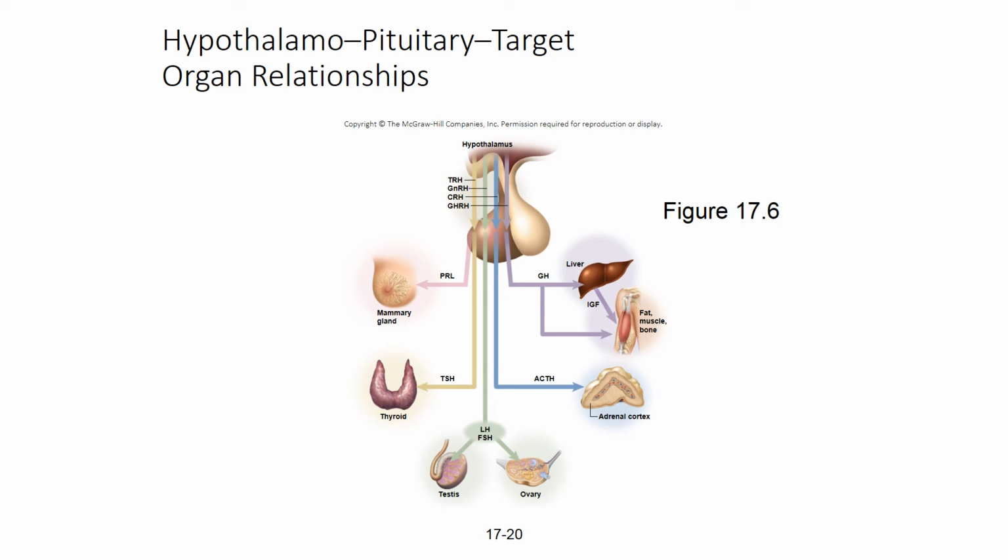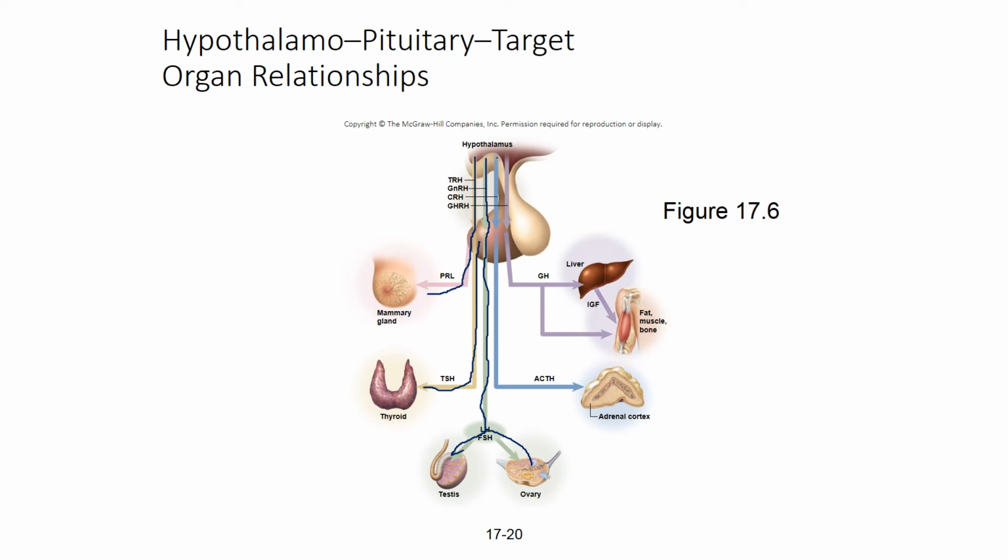Okay, so this picture from your textbook kind of shows the same thing. We have thyrotropic releasing hormone causing the release of both prolactin and thyroid stimulating hormone, going to the mammary glands and thyroid. We have gonadotropic releasing hormone causing the release of luteinizing hormone and follicle stimulating hormone going to the testes or the ovaries.